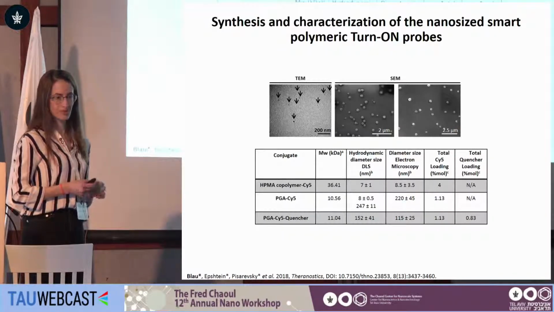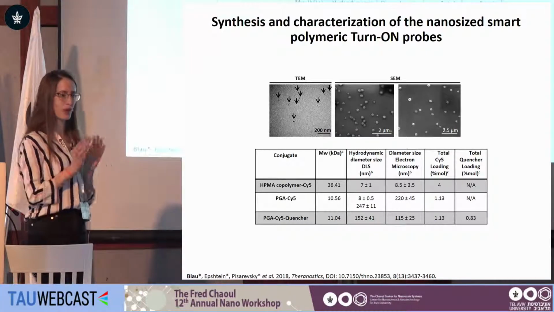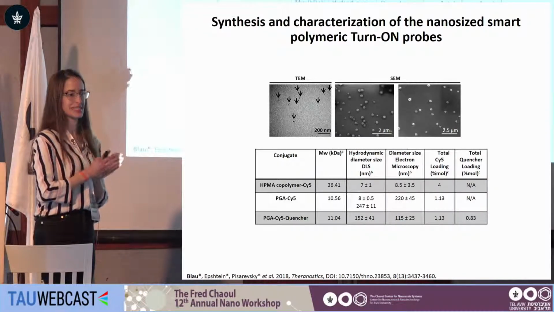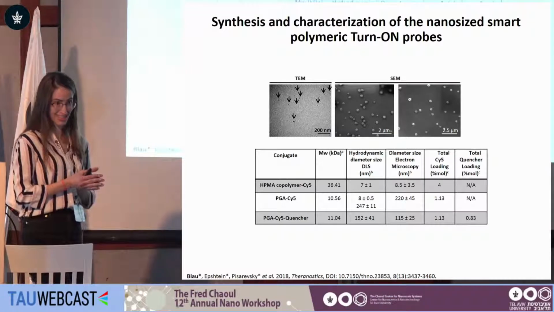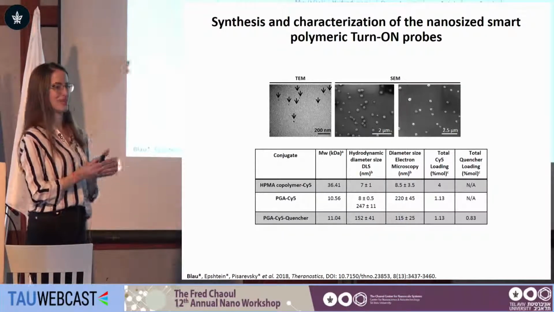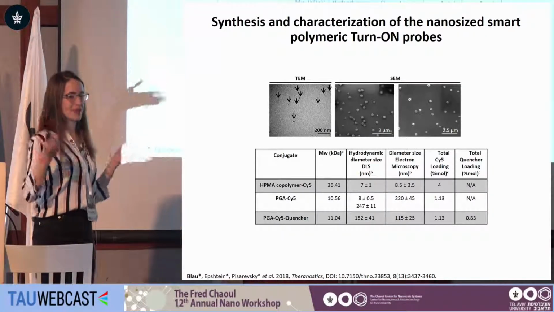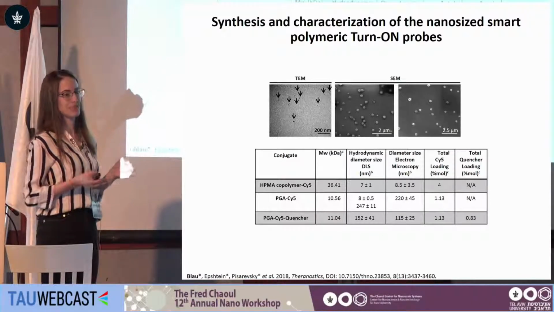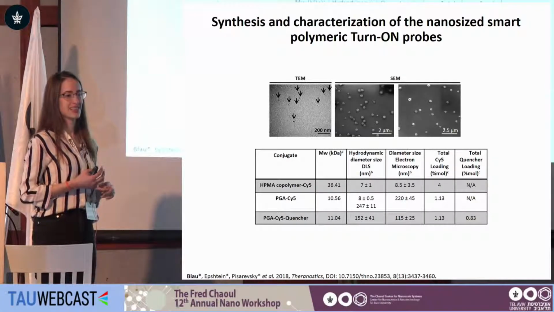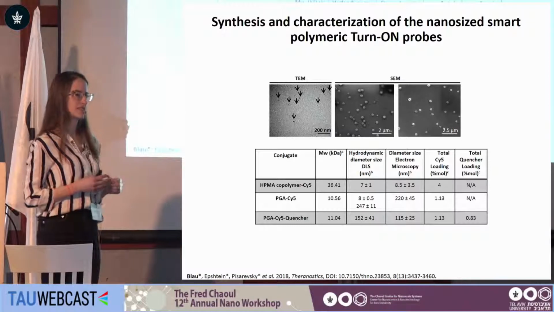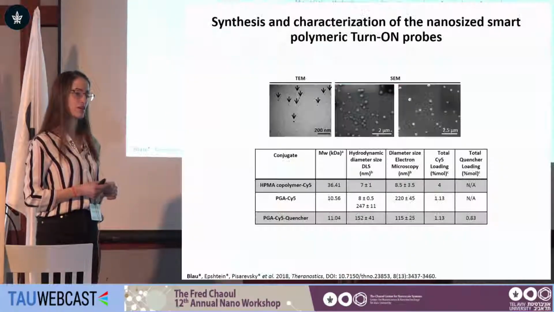But we can do it. Making smaller systems is actually easier for us. The harder task is to make them longer and retain the polydispersity. But for smaller systems, it's actually easier for us, and we can do it.